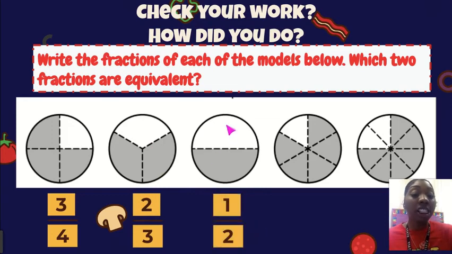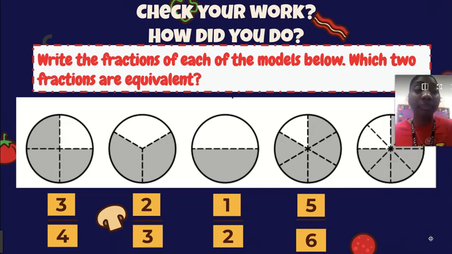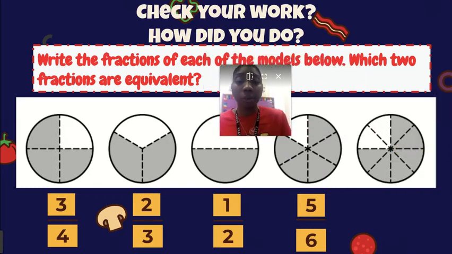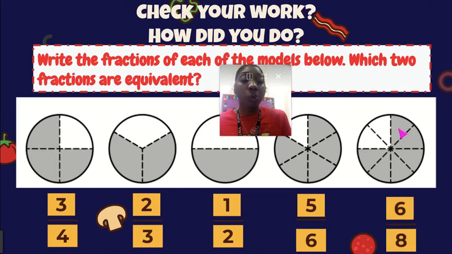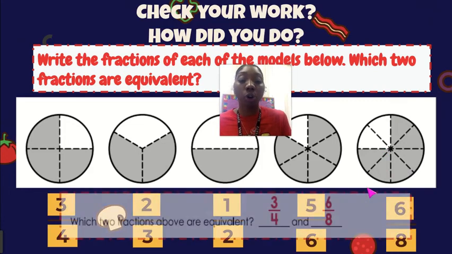There is 1 shaded out of 1, 2 parts, so that fraction is 1/2. There is 1, 2, 3, 4, 5 shaded out of 1, 2, 3, 4, 5, 6, so that fraction is 5/6. And then, I'm just going to move this over a little bit, there is 1, 2, 3, 4, 5, 6 shaded out of 8 parts total.